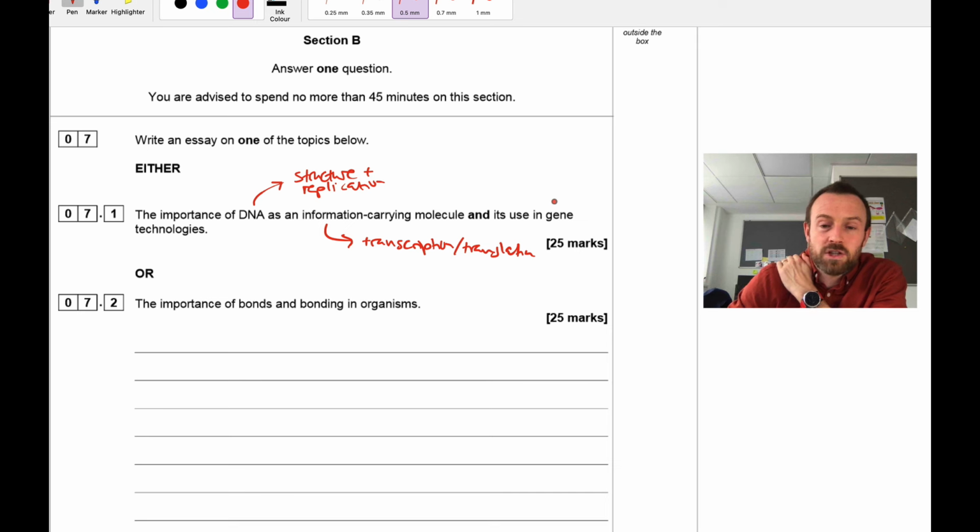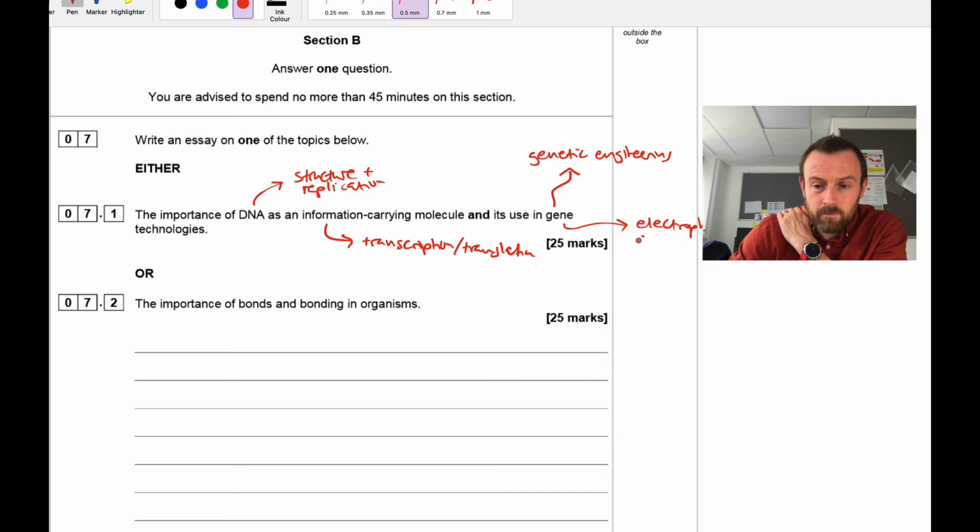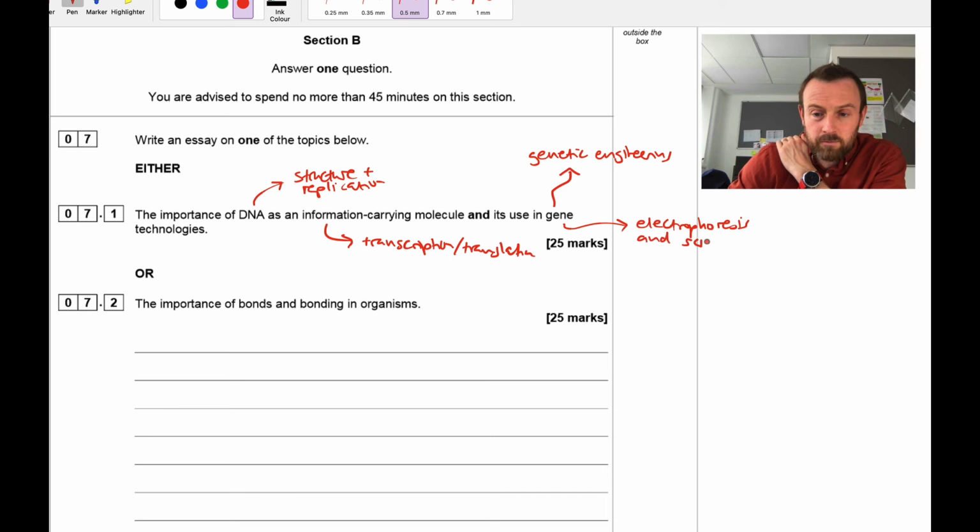And then gene technologies, we could maybe talk about genetic engineering, and we could talk about electrophoresis, and screening.